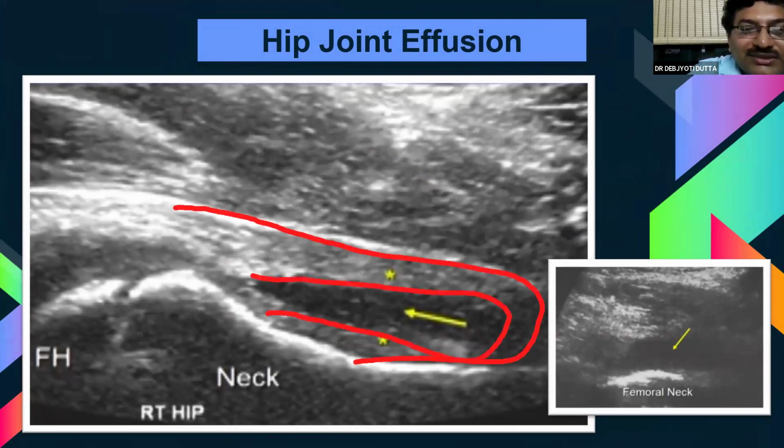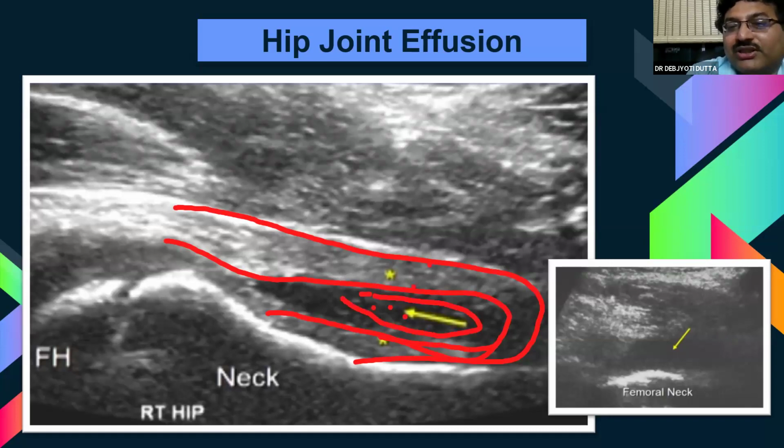There will be four layers of the joint capsule. What happens when there is fluid in the hip joint? It comes in between these two layers. Among these four layers, in between the second and third layer, there will be a collection of anechoic or hypoechoic area. This is how you can know this is a hip effusion.